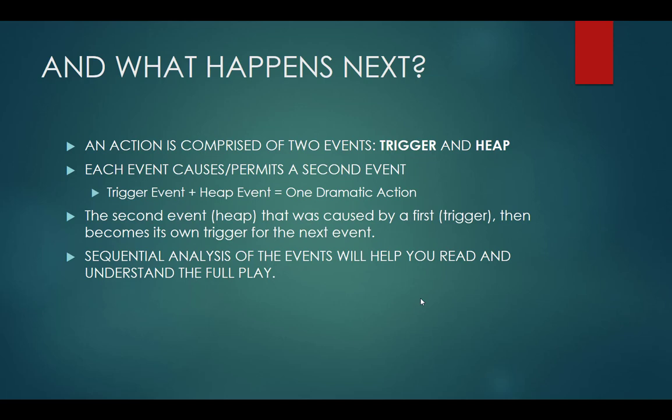One event absolutely leads to the second event, the trigger leads to the heap, and then that heap becomes a trigger for something else that will happen after it. So performing a sequential analysis, going in order from beginning to end of the events that happen as you're reading the play, is going to help you understand that play a little bit better, a little bit more fully, and how one thing leads to another.